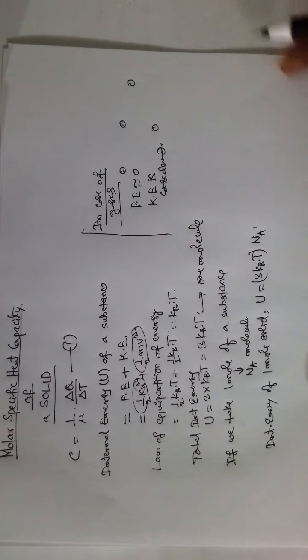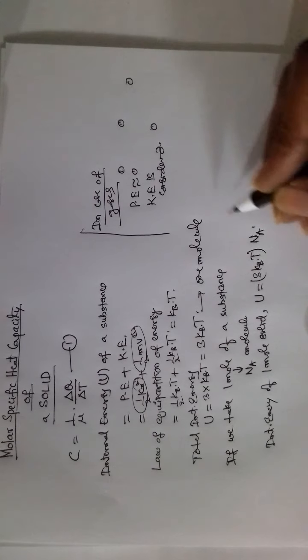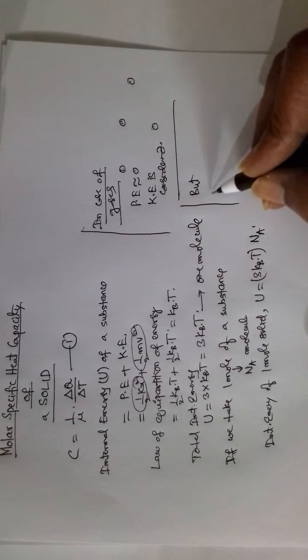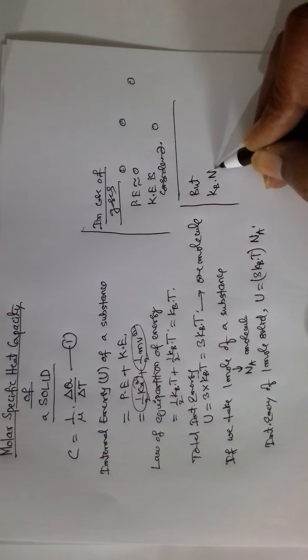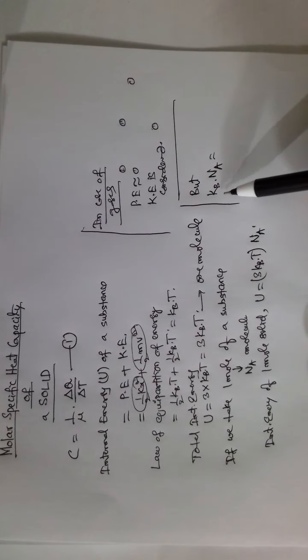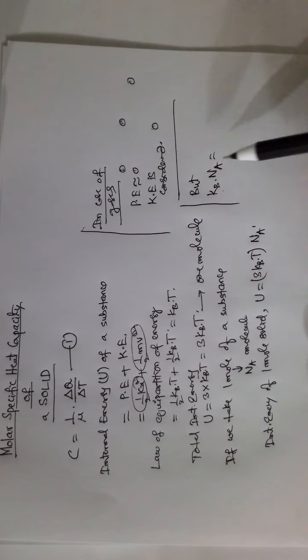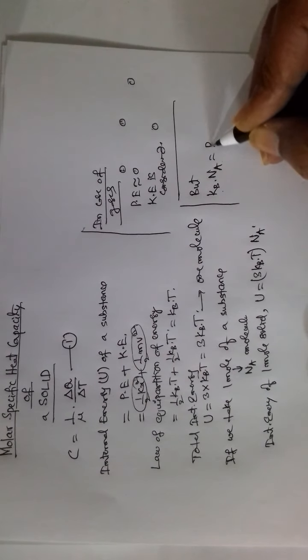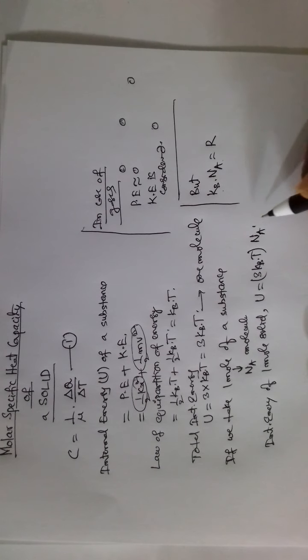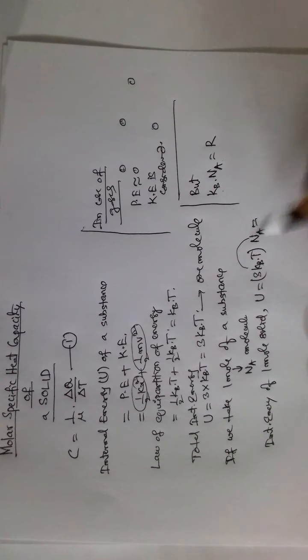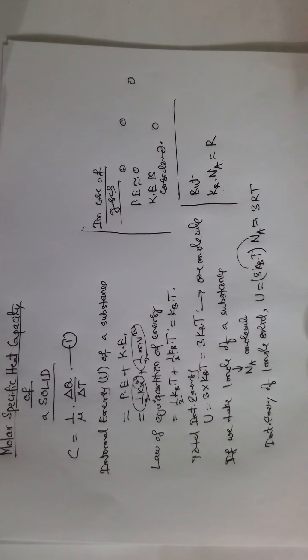Here kB means Boltzmann constant, Na is Avogadro number. Both are constants, and the product of the two constants is represented by the universal gas constant. Therefore, we write U is equal to 3 RT.